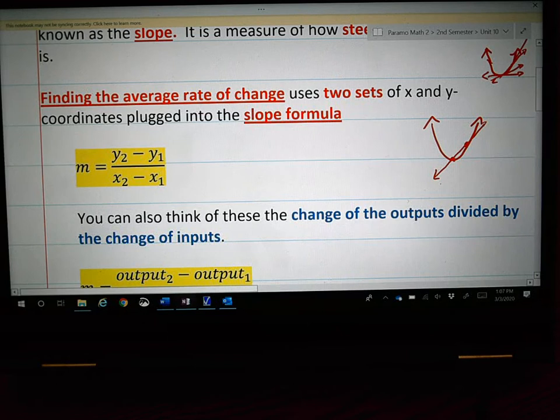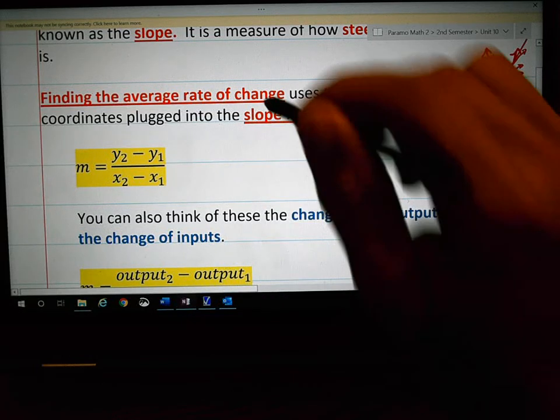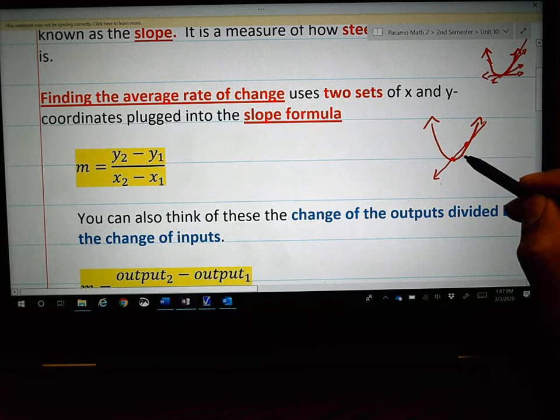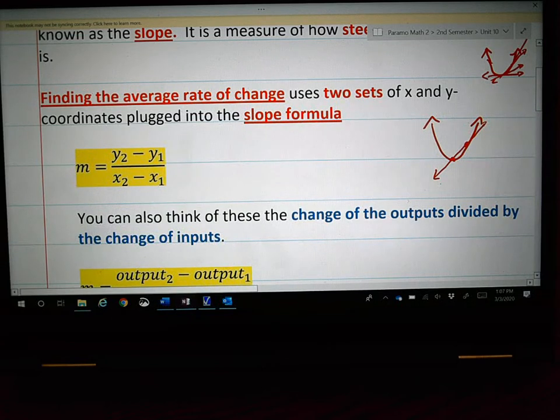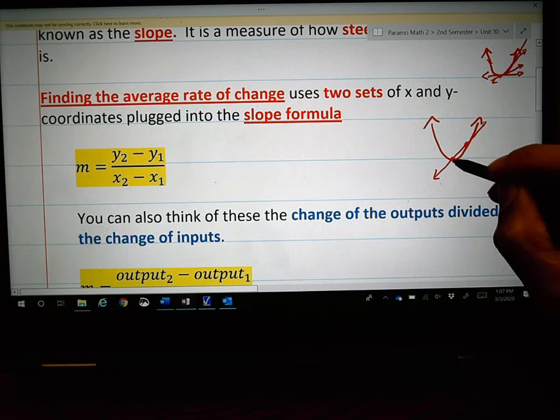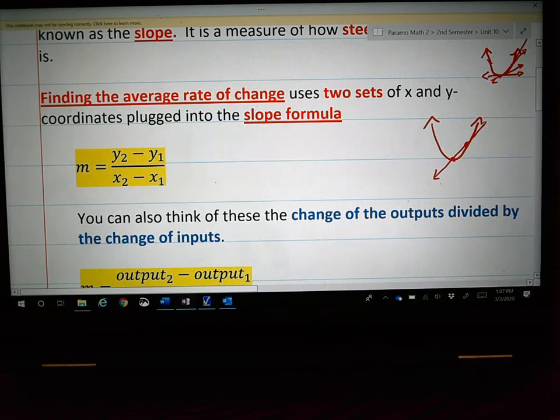Now, one thing I do like to talk about, just because it is impossible for Math 2 or Math 3 students to figure out what the rate of change is at a single point. It's not until you get to calculus that you are able to figure out what the instantaneous rate of change is, which is a calculus topic.